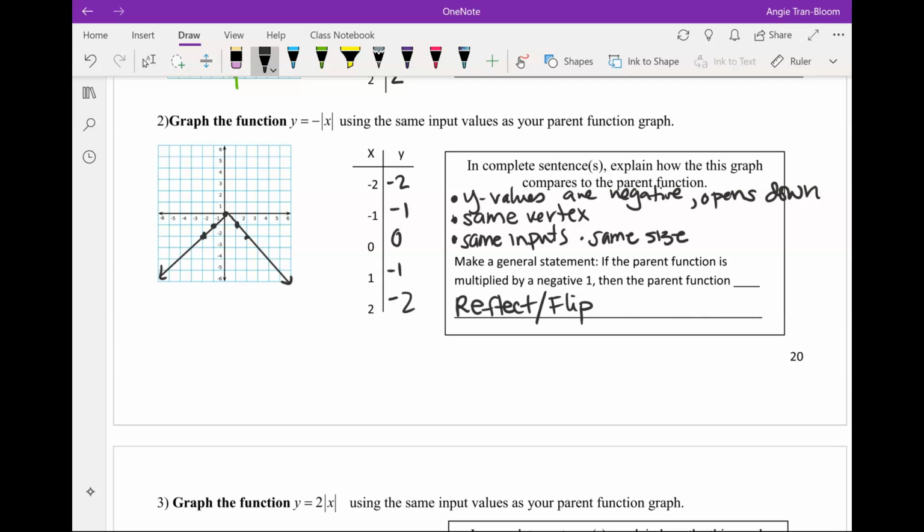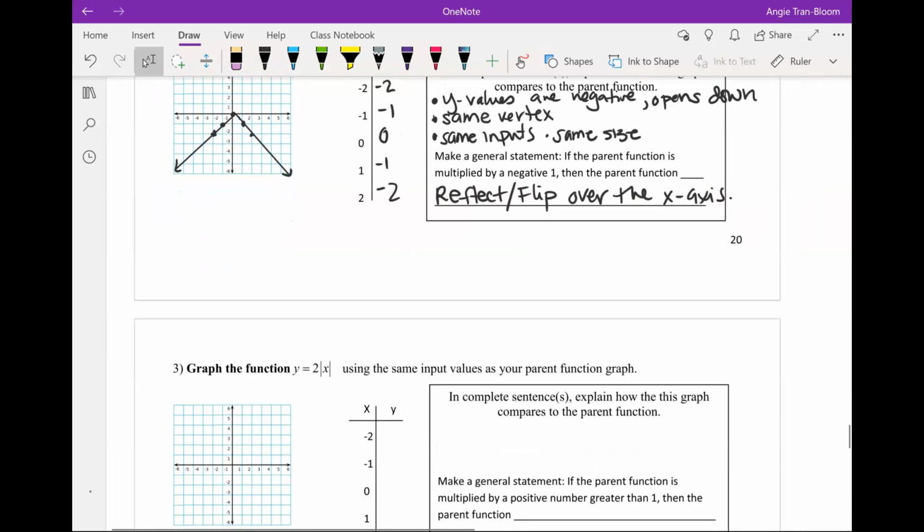Reflect or flip over which axis? The x-axis. And let me tell you a secret. This is true for all functions. So later when we study crazy functions, this will never change. So if you take the parent and you multiply by -1, the transformation is just simply reflected over the x-axis. Okay.